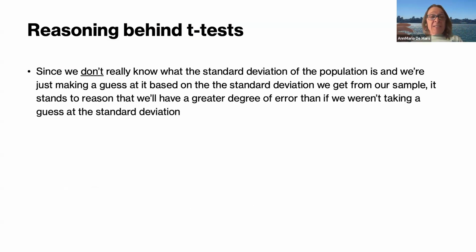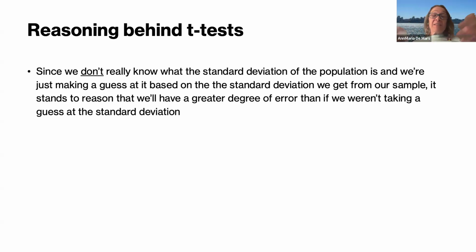So the reasoning is, since we don't really know what the standard deviation of the population is, and we're just making a guess at it based on the standard deviation we get from our sample, it stands to reason that we'll have a greater degree of error than if we weren't taking a guess, because we don't really know what it is.